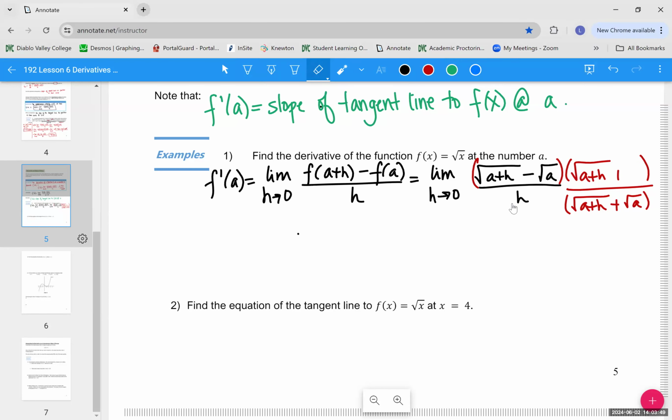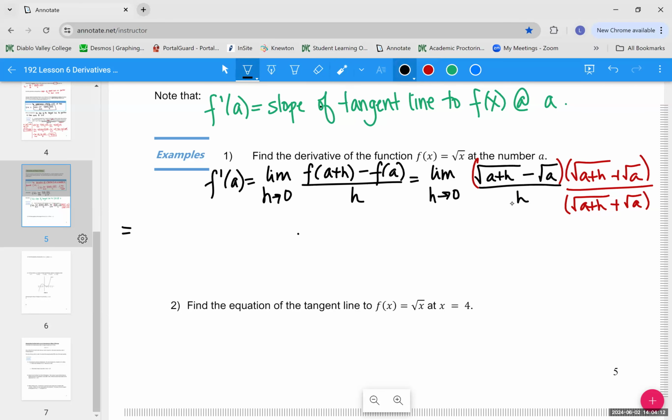My square root of a is a little rogue there. There we go, a little better. So how did I know to do that? Because I can't factor, I can't simplify, and I do have two terms here, one with square roots, so that this conjugate will get rid of those square roots up there.